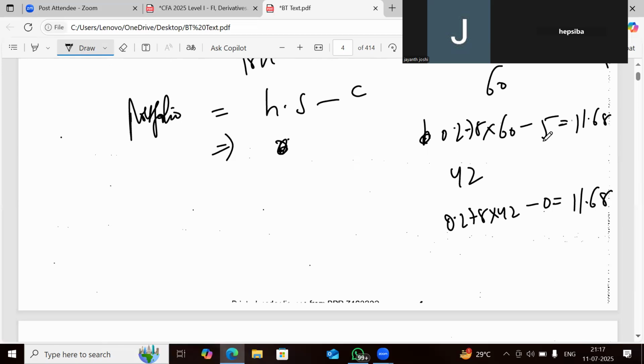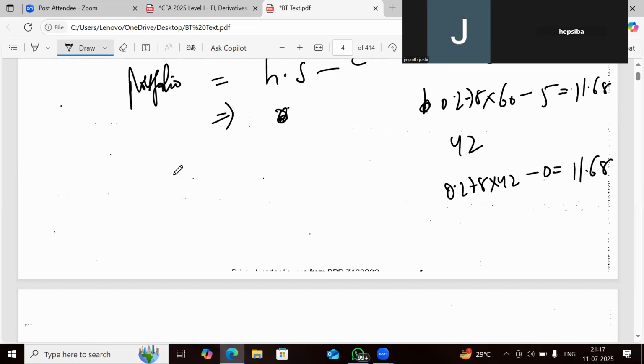In both the cases we got the same payoff because of the hedge ratio. It was not possible with one stock and one call option short. It's only possible when one call option is short and 0.278 shares are long. Now this has become a risk-free portfolio. The payoff is risk-free. We will discount this to the present value.